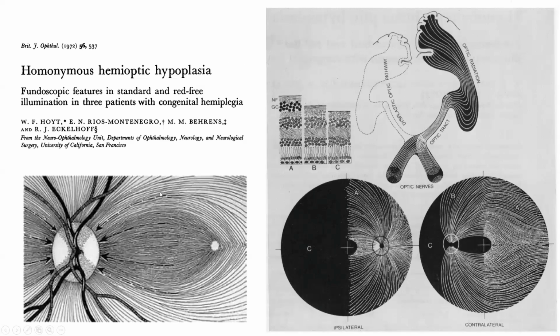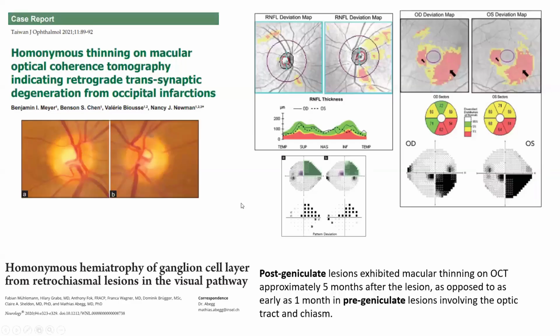Here you lose the nasal fibers on the contralateral eye and the temporal fibers of the ipsilateral eye. And this reminds on the contralateral eye of a bow tie, and therefore it is called bow tie atrophy. This can beautifully be imaged now with OCT, and more easily than just looking at red-free photographs.